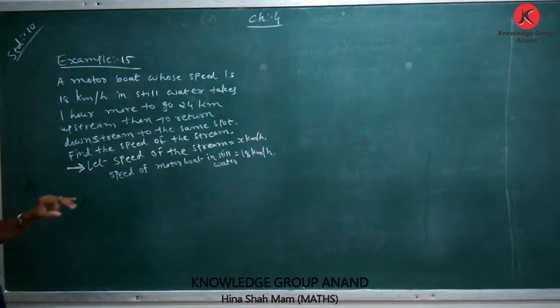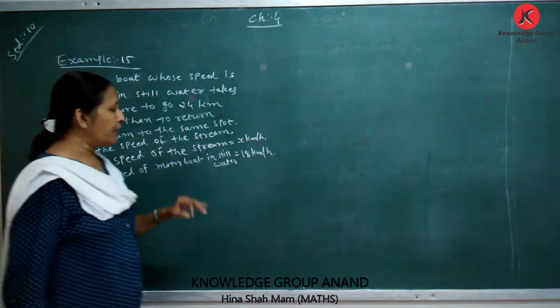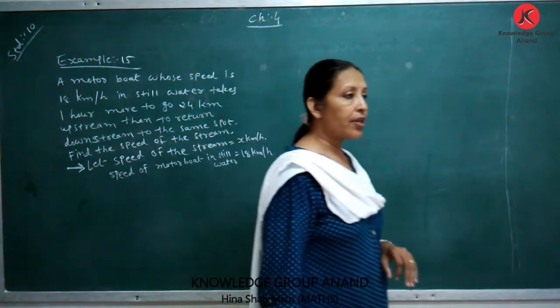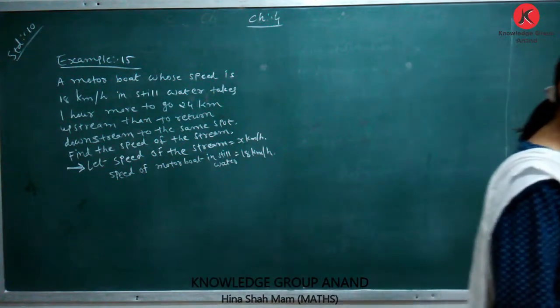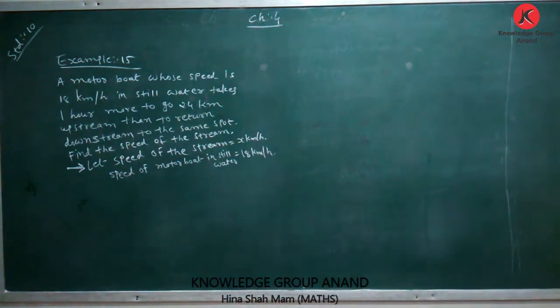Speed of motorboat in still water is equal to 18 km per hour. The motorboat takes 1 hour more to go 24 km upstream than to return downstream.